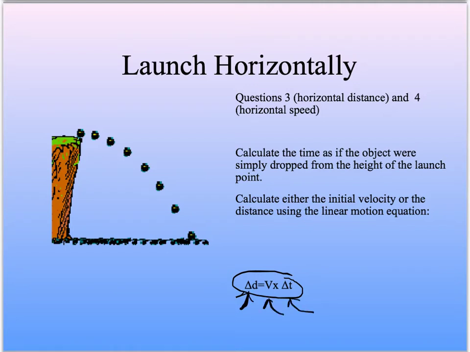The time will come from the previous type of question. That is, the time it has to travel horizontally is the time it takes to fall from here to here. So it can travel horizontally for the time it takes to reach the ground.